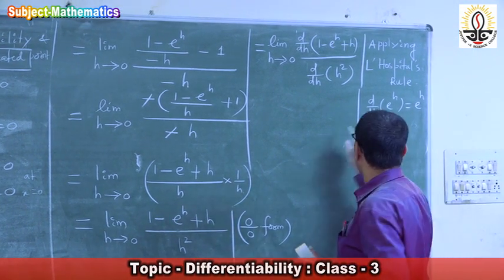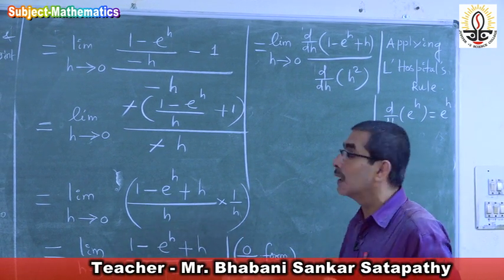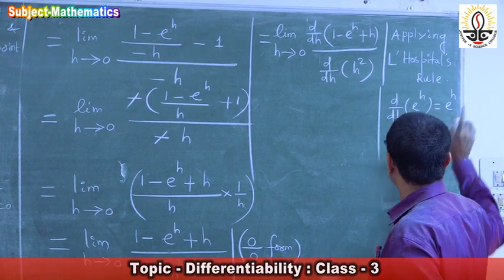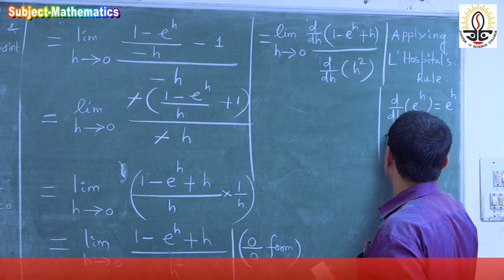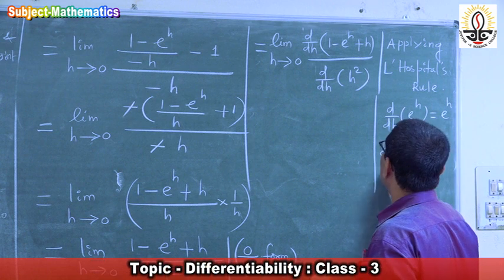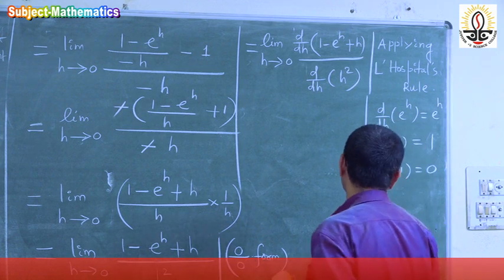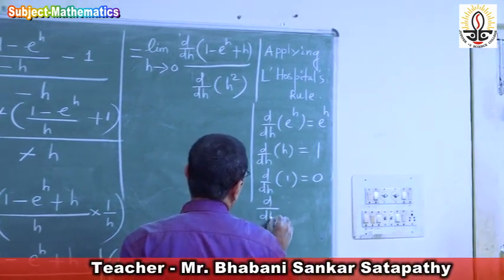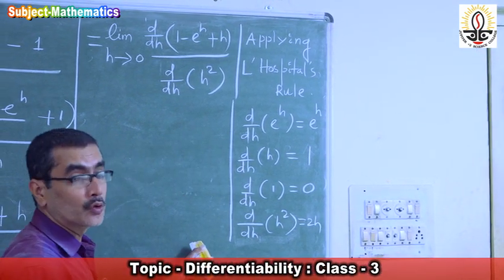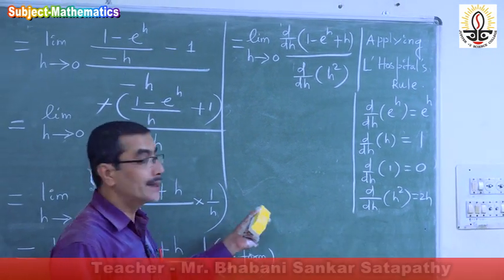I will explain how this derivative comes in my next class, but for the time being you just remember d by dh of e to the power h is equal to e to the power h. d by dh of h is equal to 1, d by dh of 1 is equal to 0, the derivative of a constant is 0, and d by dh of h square is 2h. You have read in physics also that d by dx of x square is 2x.